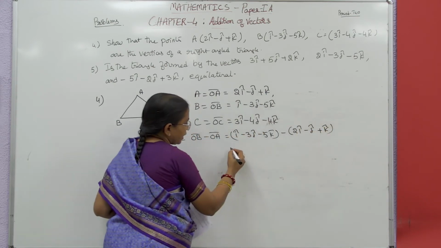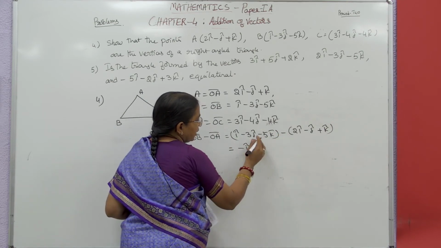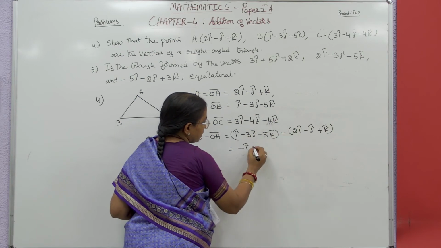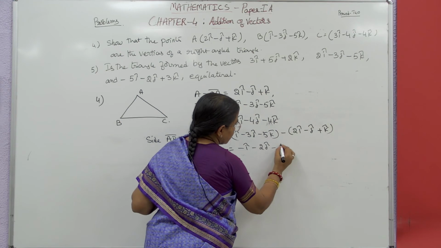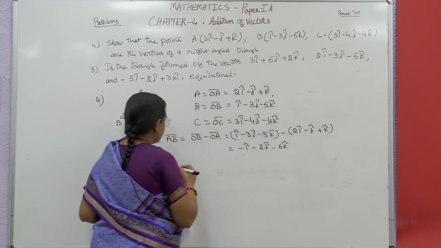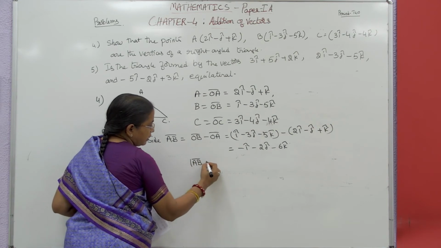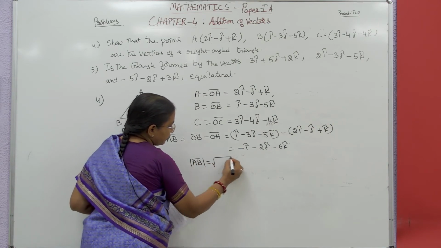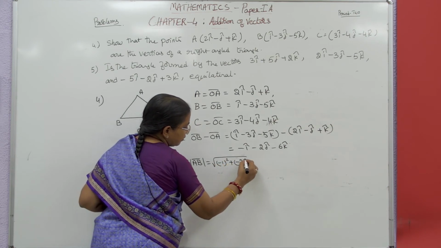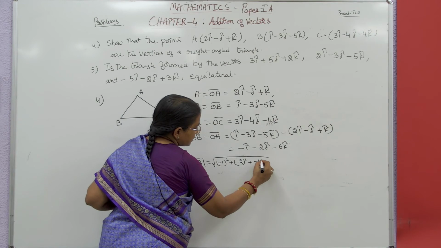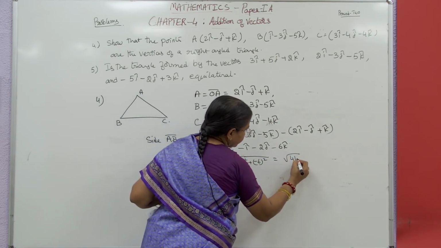So when you subtract, it is i minus 2i means minus i, and then minus 3 plus 1 minus 2j, and then minus 5 minus 1 minus 6k. So this is AB. Now you find the length of AB, mod AB. That is root of minus 1 square plus minus 2 square plus minus 6 square. So that is root 41.